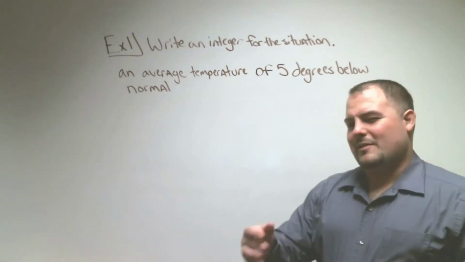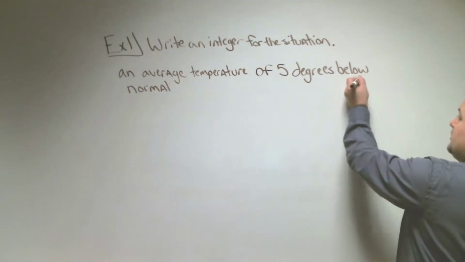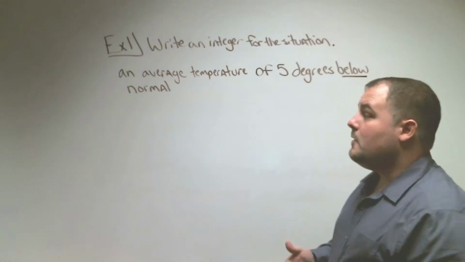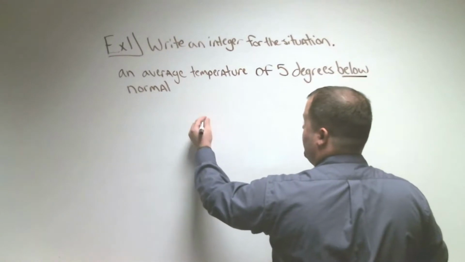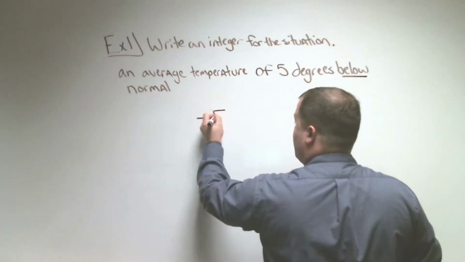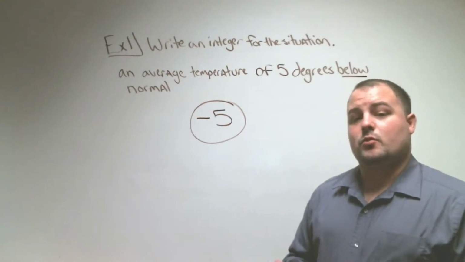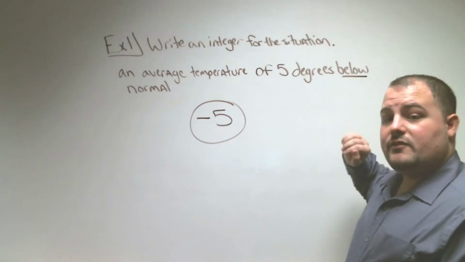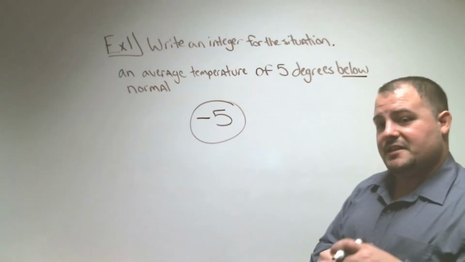So I'm seeing a word that means something that's either positive or negative, and that word is actually below. Below is actually a negative number. So if I said an average temperature of 5 degrees below normal, the integer I would write is -5. And that would be an integer that I could write for the situation. Since it says 5 degrees below, below is a negative word, so -5 is my number. That's how we write integers.